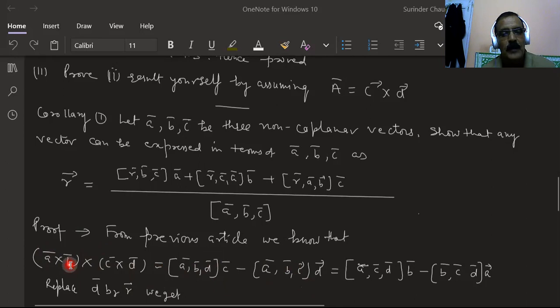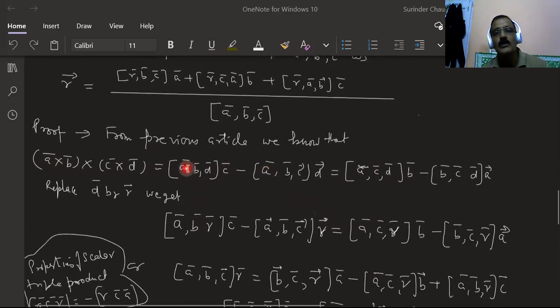This will be ABD times C vector minus ABC times D vector. Now, if we first find the cross product of the C and D vectors, the resultant vector will be perpendicular to C and D and coplanar to the AB vector. Now, the resultant vector product of four vectors is this and this also. Therefore, since they are both the resultant of the vector product of four vectors, they must be equal.